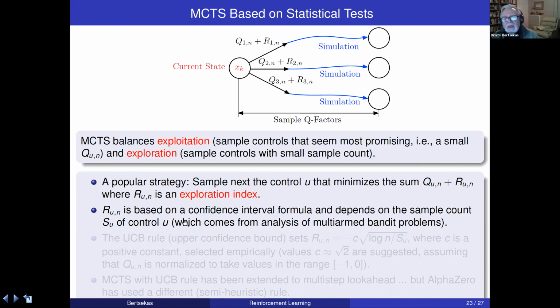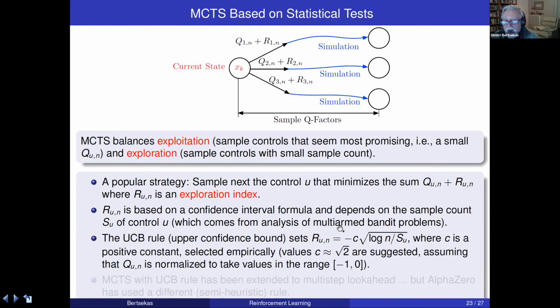analysis that figures prominently in this area is the analysis of multi-arm bandit problems. It's a particular type of dynamic programming problem where the trade-off between exploitation and exploration becomes particularly vivid. And for multi-arm bandit problems, people have developed rigorously a confidence interval-based rule for setting the exploration index.